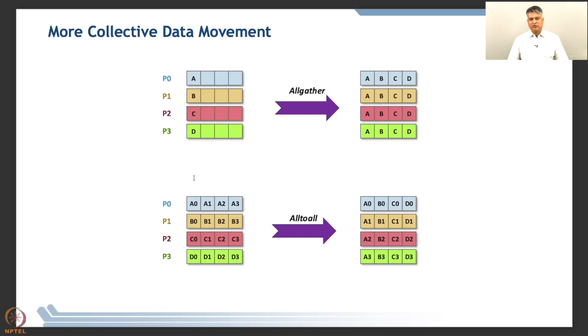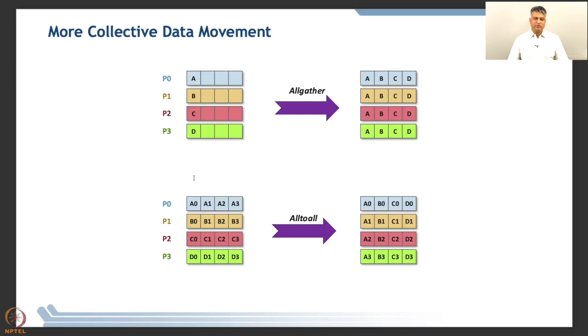If you actually had to do it by sends and receives, you would have had to do a sort of all-to-all communication, where P0 would have had to communicate A to P1, P2 and P3. P1 would have had to communicate B to P0, P2 and P3.